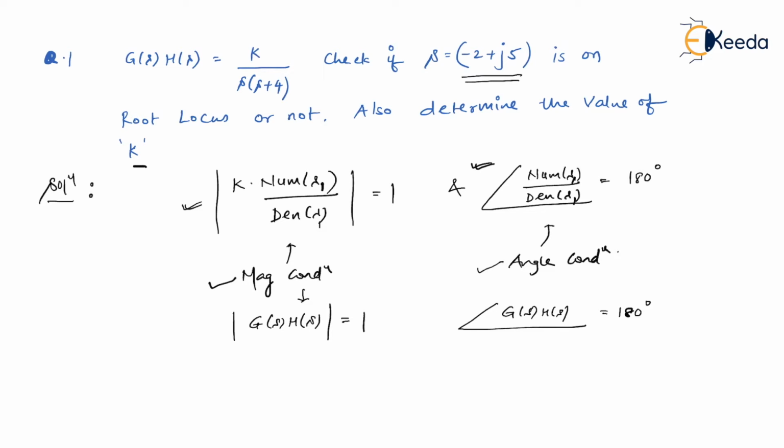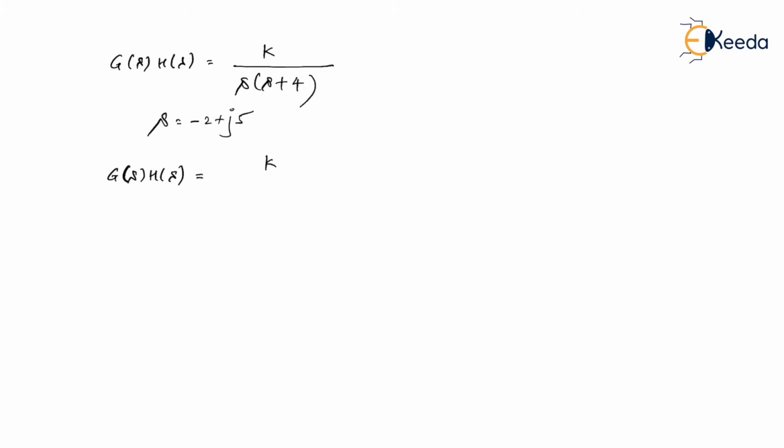So let's go for this G(s)H(s), which is K upon s into (s plus 4). I'm writing that loop gain again. Now let me substitute the value of s, that is minus 2 plus j5, because this is the point that I need to check. So my G(s)H(s) will become K divided by (minus 2 plus j5) multiplied by (minus 2 plus j5 plus 4).